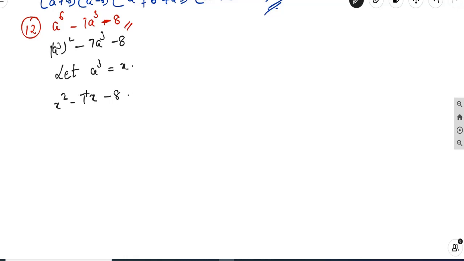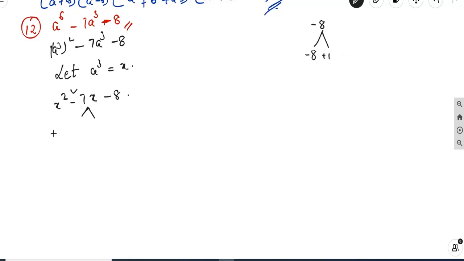So this is in the form of a quadratic equation, and we are going to use mid-term splitting here. When I multiply, I have to get minus 8. So what factors can I take here? 8 into 1. As it is minus, the bigger value I'm going to write as minus. So this becomes minus and this becomes plus.